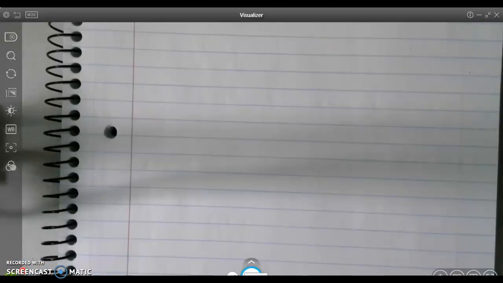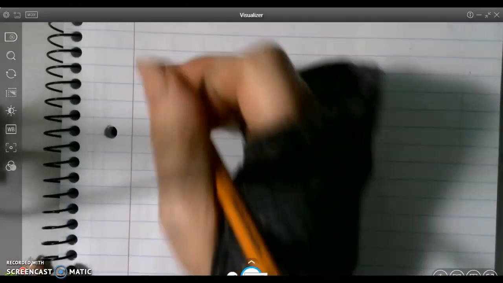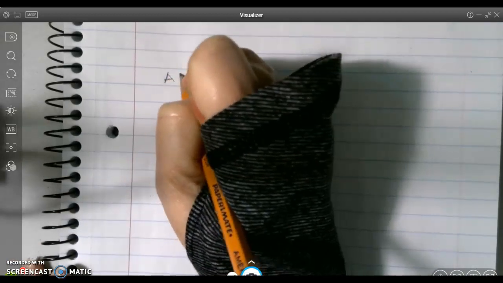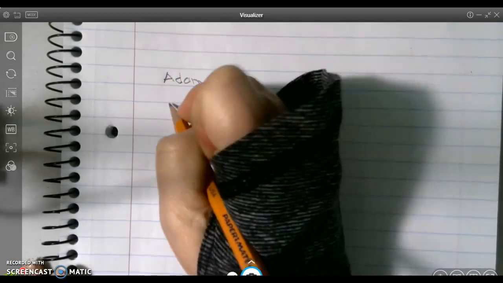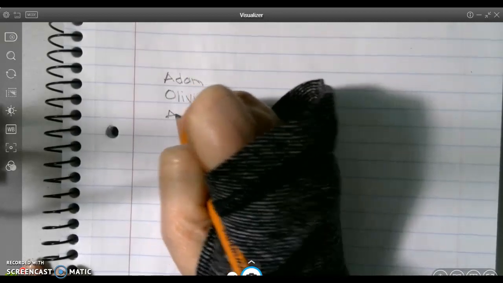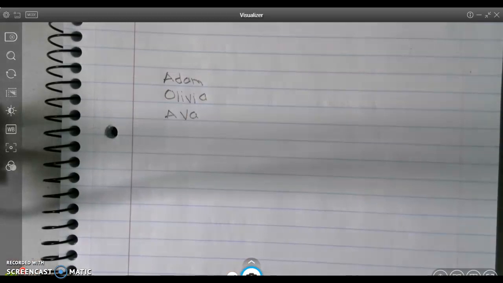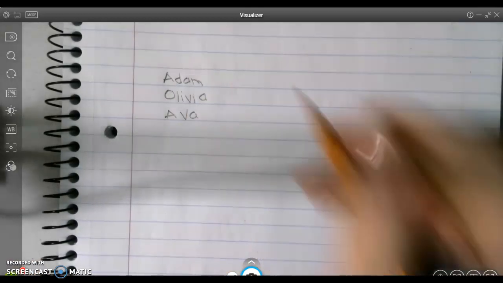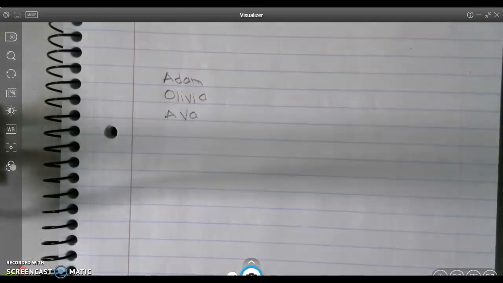And I know that this is a comparison problem, so I'm going to go ahead and write down Adam, Olivia, and Ava. They said Olivia was half of Adam. Her age was half of Adam.